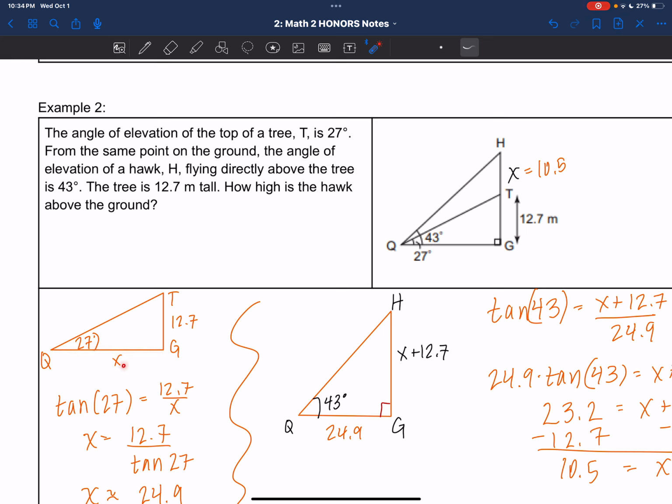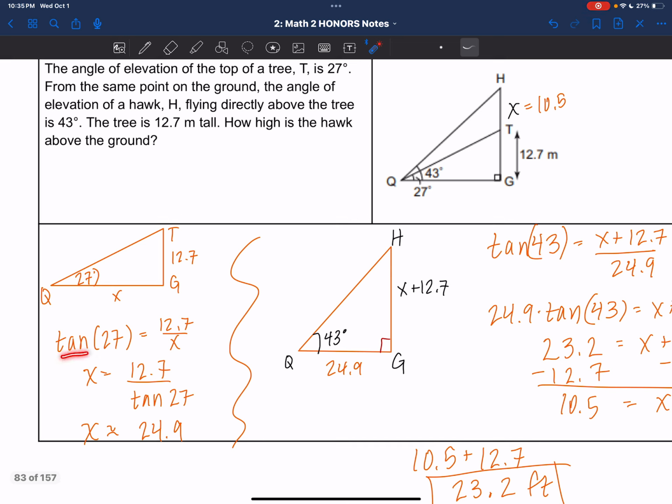So we need to get this distance first. So this is opposite over adjacent, so we're going to use tangent. And we got tangent of 27 equals opposite over adjacent. And remember, cross multiply.